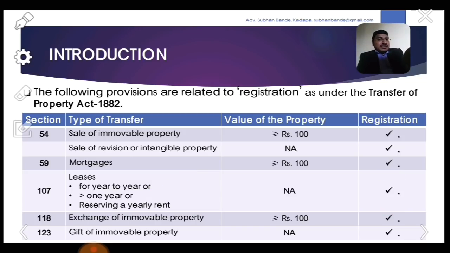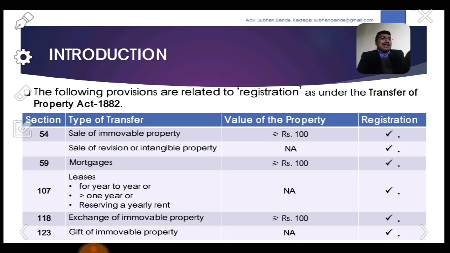Lease from year to year, registration is compulsory. Lease for more than 1 year, registration is compulsory. Lease reserving a yearly rent, registration is compulsory as per Section 107 of Transfer of Property Act.